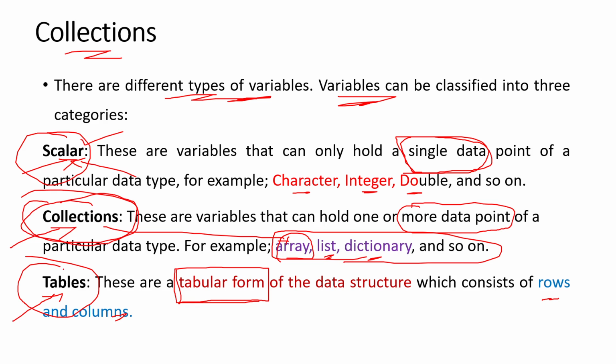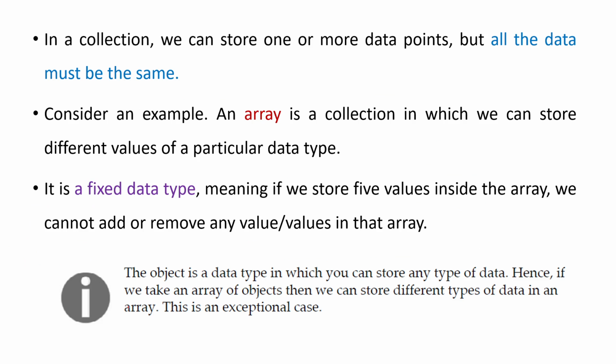And if you are dealing with tabular data, like rows and columns, then you need to go ahead with a variable of type table. Clear? Okay, now with that we shall continue with collections.